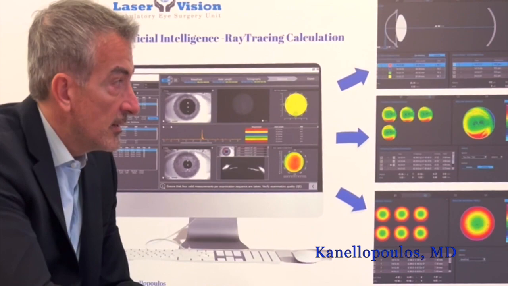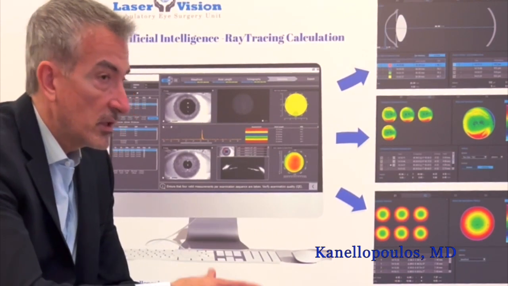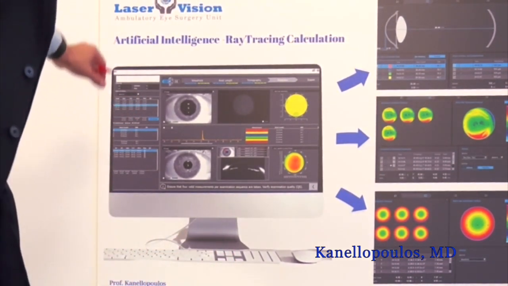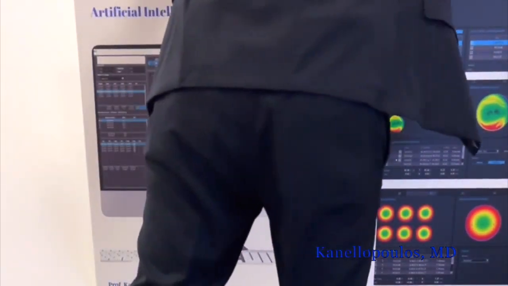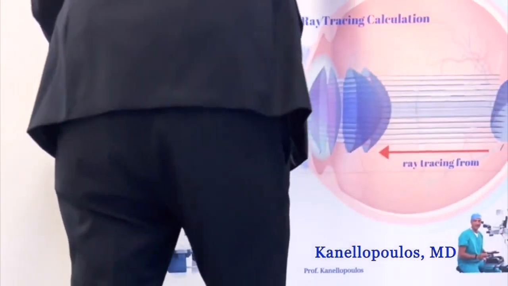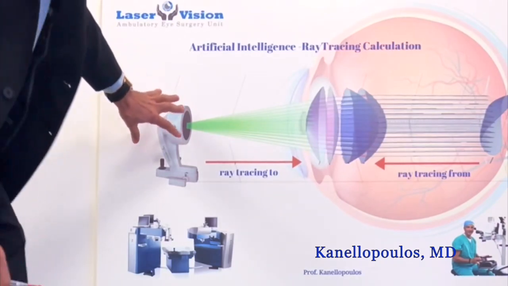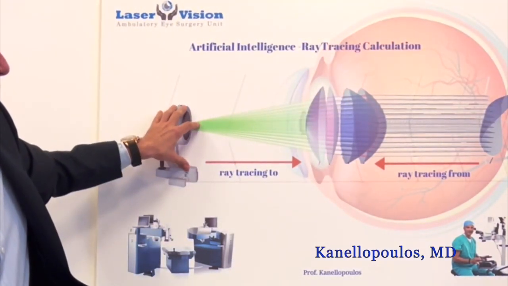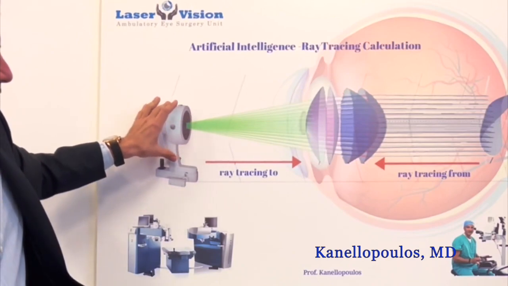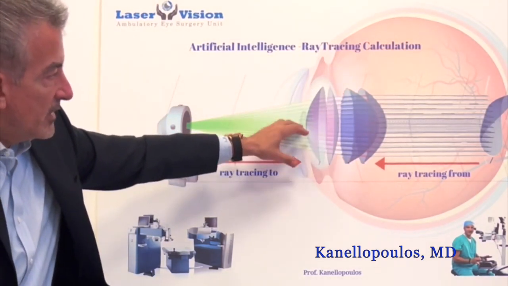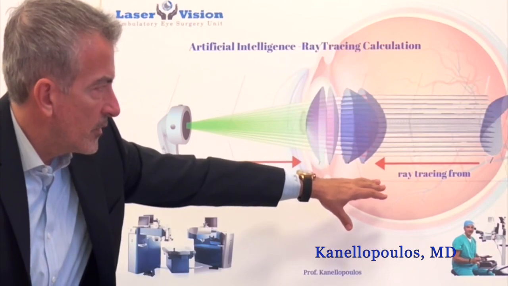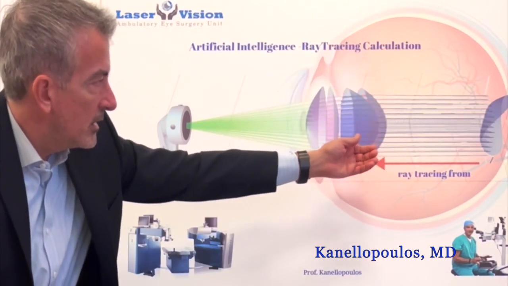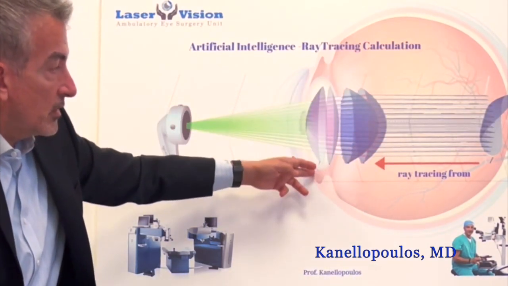So in essence, this technology, and we're going to shift a little bit to what we talked about before. We have the 2,000 rays studied from the Scheimpflug part of the SiteMap device towards the eye, and then 2,000 rays from the Hartmann-Shack going from the retina to, again, the front part of the lens.